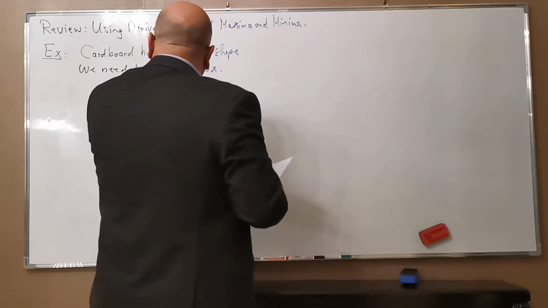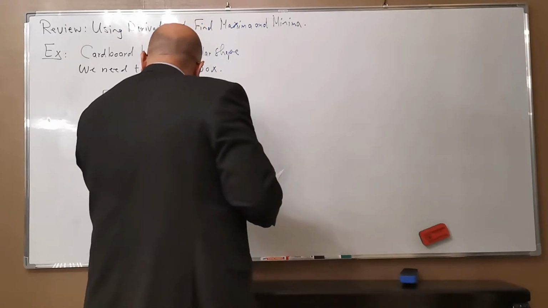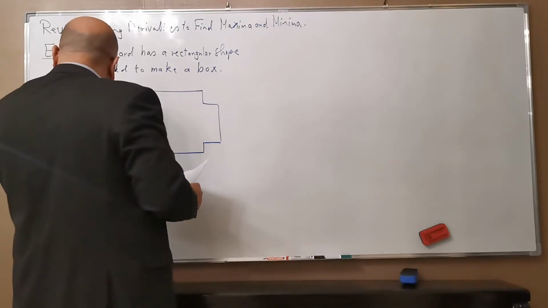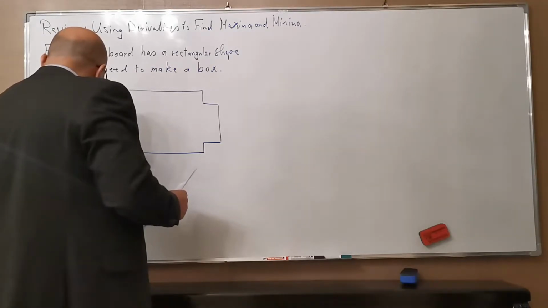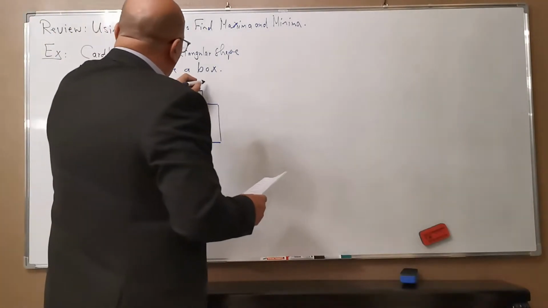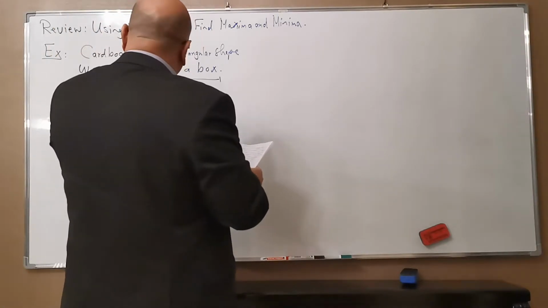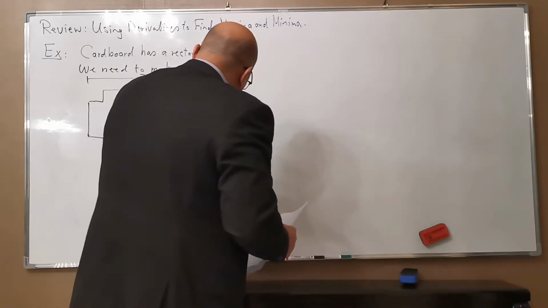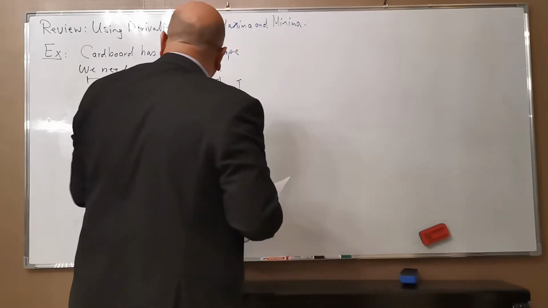The whole dimension from here up to here is 21, and the dimension from here to here is 16.